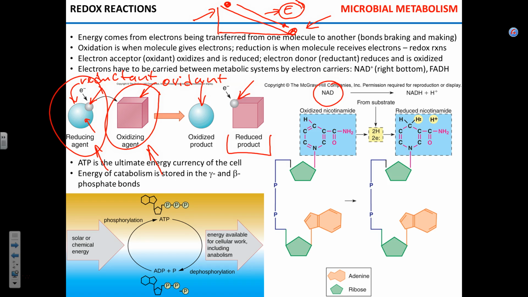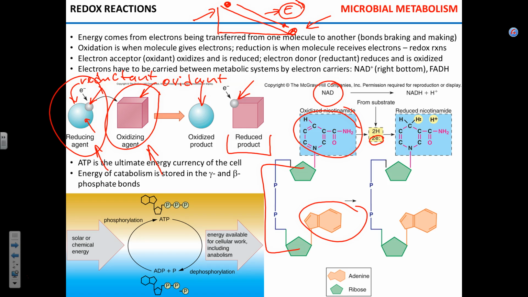One that you definitely know is NAD. Okay, it's nicotinamide adenine dinucleotide. It's a tongue breaker. I ask you to understand and know the acronym rather than the entire name. So NAD can receive 2 electrons. What is the charge of an electron? Negative.